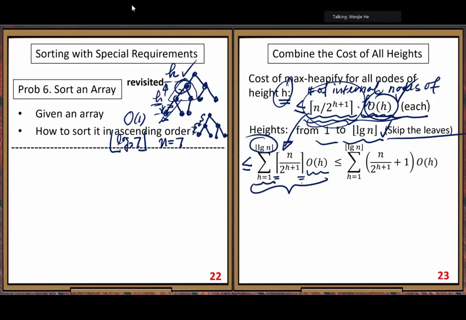This ceiling function is not easy to work with, because sometimes you need to round it up and sometimes you don't. So it is better to be more generous.